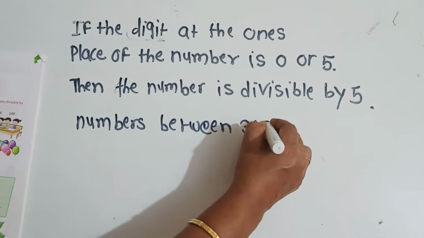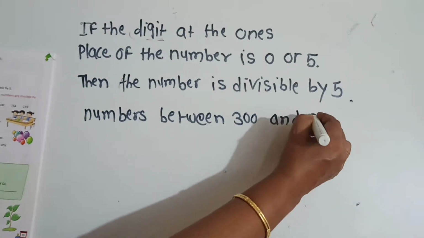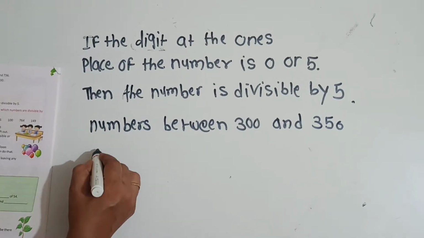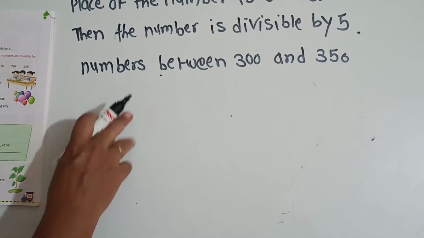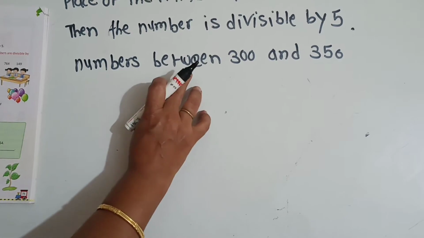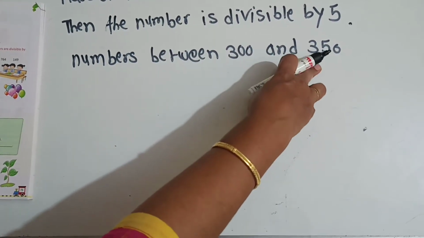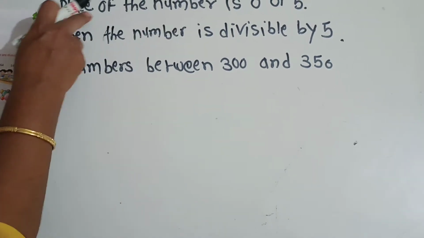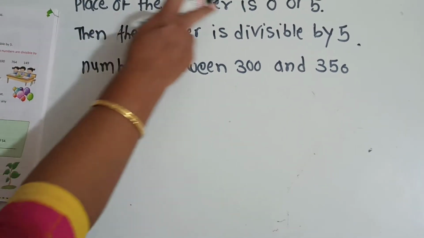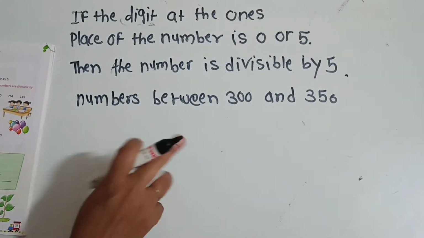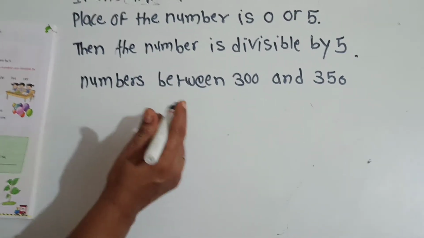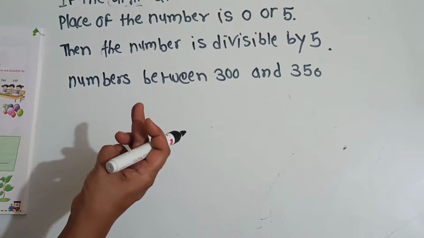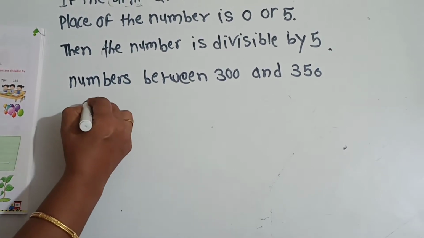Now we have to make the list between 300 and 350 of numbers whose ones place is 0 or 5. After 300, 301, 302, 303, 304, 305.